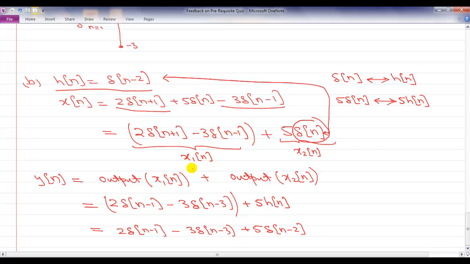We know the first output because of part A. We know the output of x2 of n because the definition of an impulse response is the output when you input an impulse. So we were able to compute 5 delta of n's output, which is simply 5 times the impulse response.